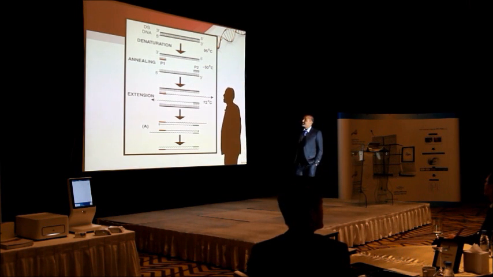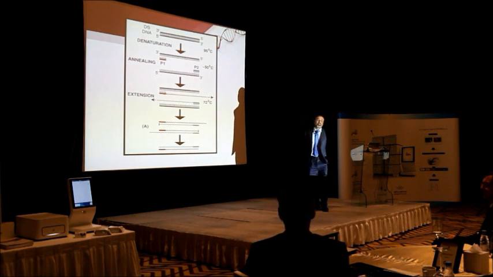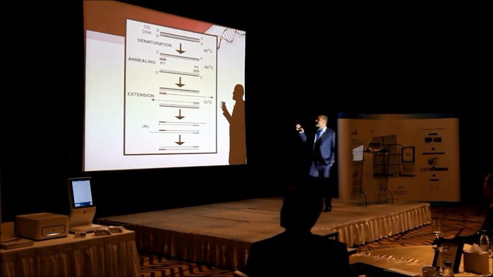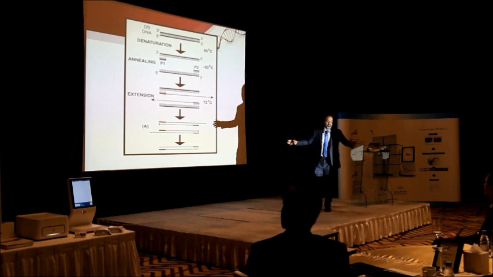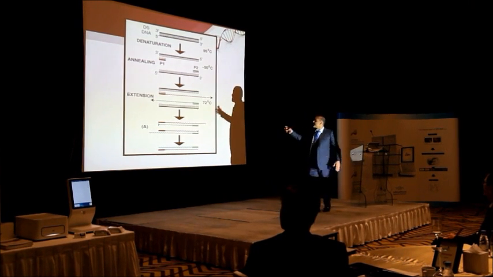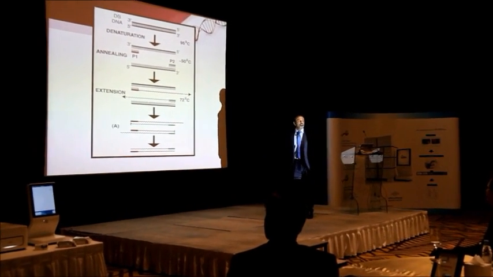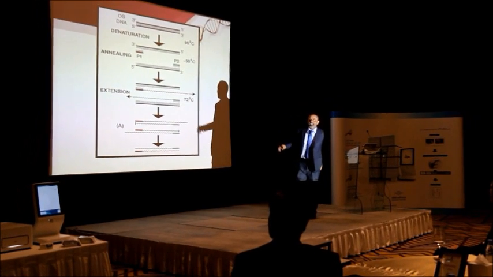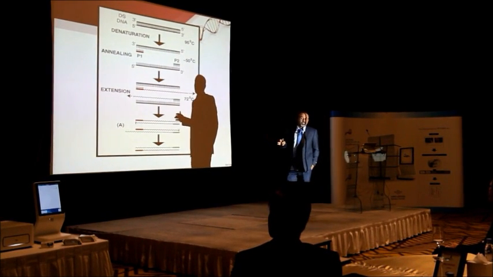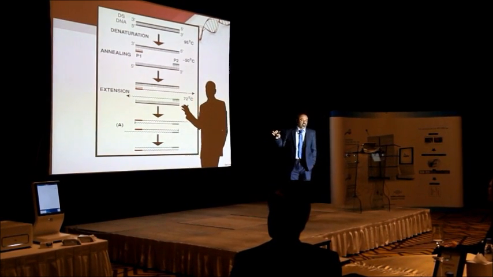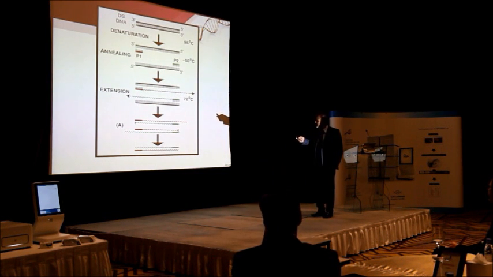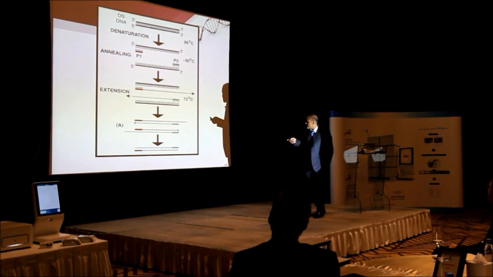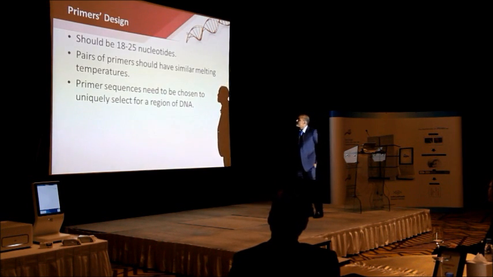Here simply are the stages of PCR, starting with denaturation, where the double strands are separated from each other, and annealing, where the forward and reverse primers attach to the complementary DNA and start to build the new double strand. Then extension, where the new double strands are formed.